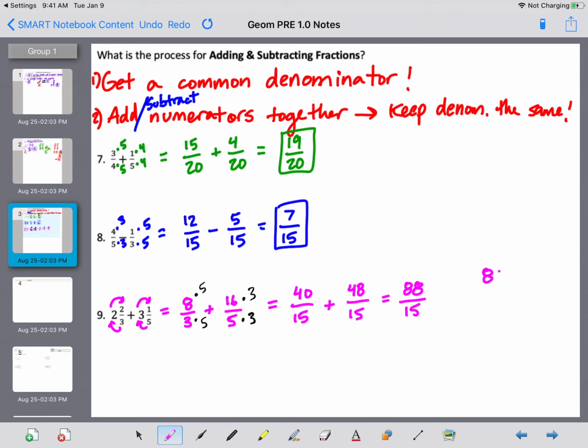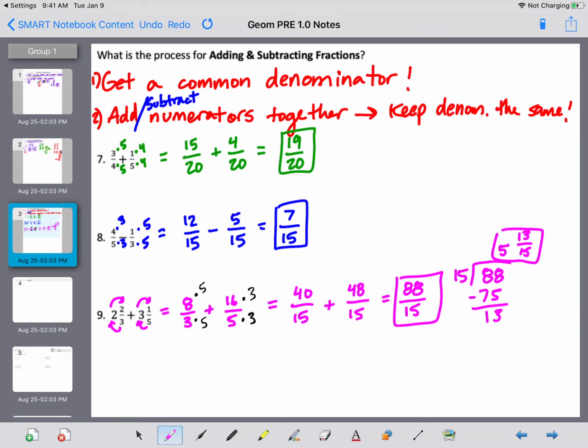So if we take 88 and divide it by 15, let's see, 15 goes into 88, 5 times would give us 75, and if we subtract, we're left with 13, so 5 and 13/15 would be the mixed number, or you can leave it as improper, which would be 88 over 15.